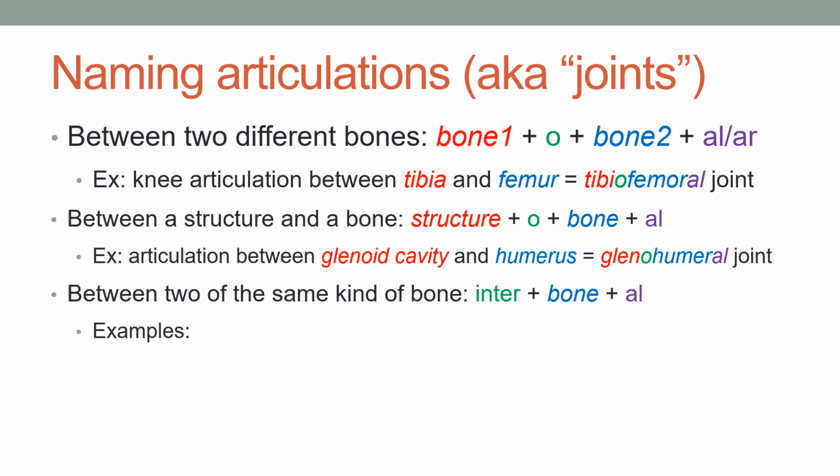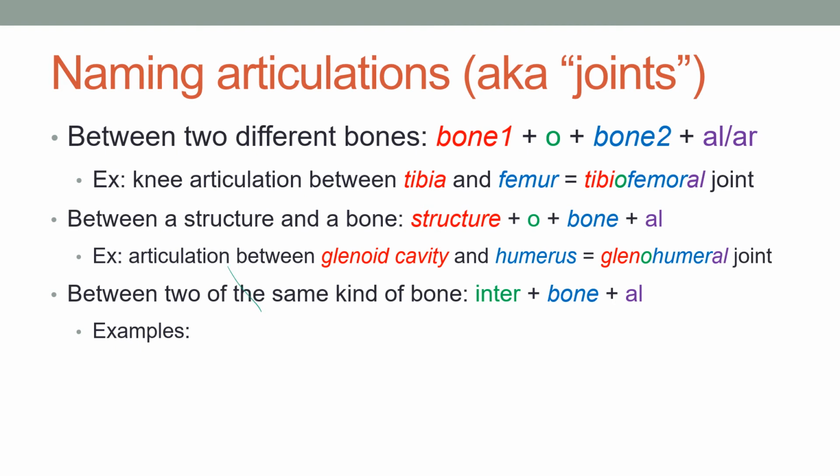Finally, there's the inter-bone pattern. This happens when the two bones have the same name, and you're not going to say the third vertebra, fourth vertebra joint, or a proximophalangeal, distophalangeal joint. You're just going to say it's two phalanges or two vertebrae.